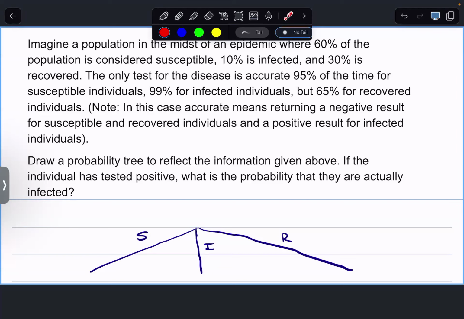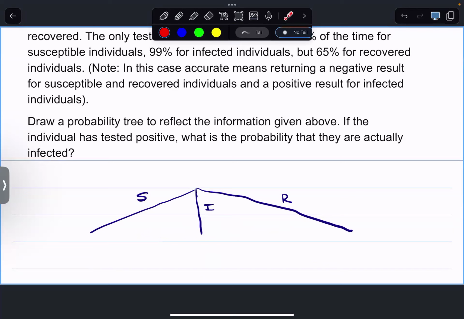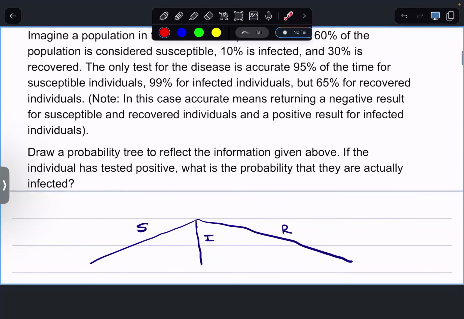And then a positive result is accurate if you do have this, whatever it is. Chickenpox. That's cute. Okay. So this is the reason, so for susceptible, right?